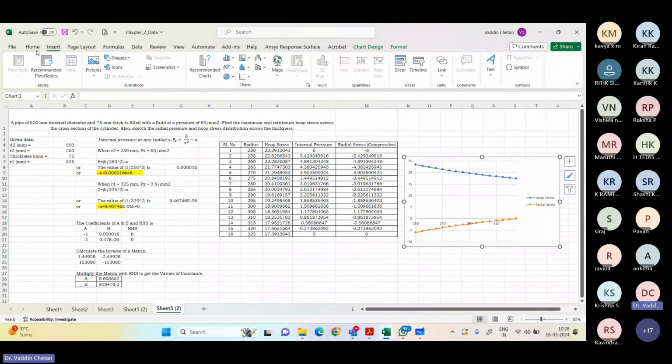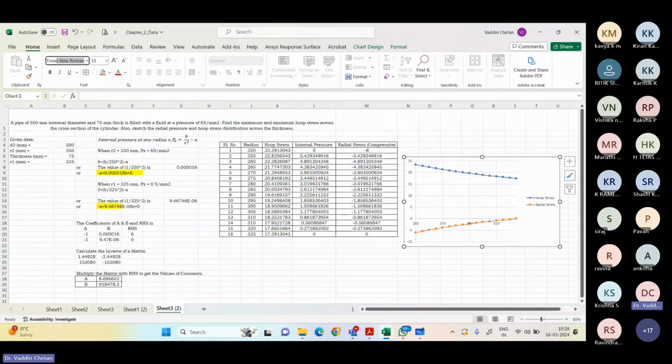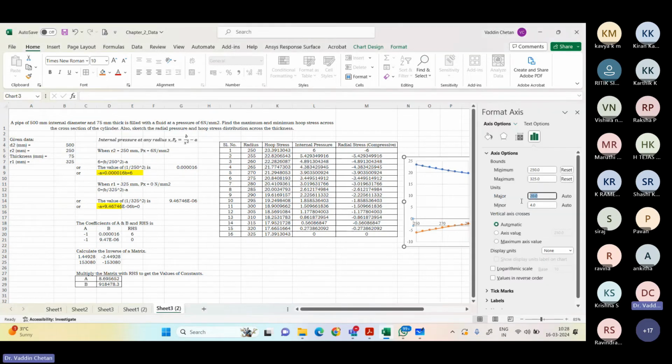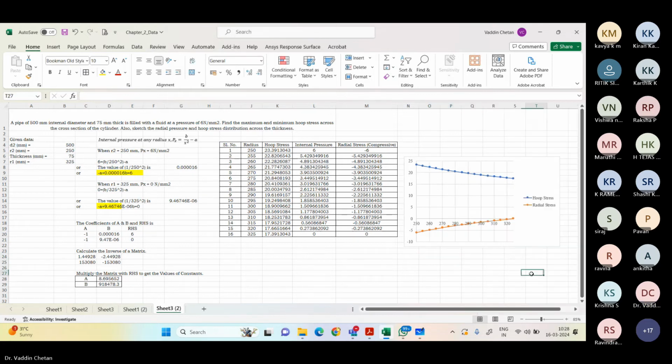And if you want to format it, you can do it, as I told that. Each and everything you can, and this also, if you want to measure axis, make it to be 10.